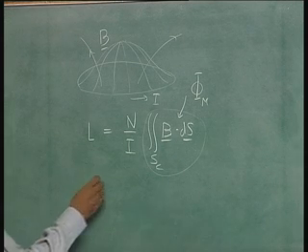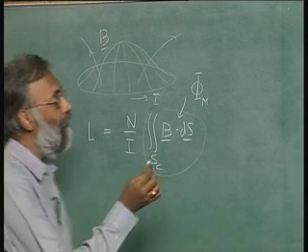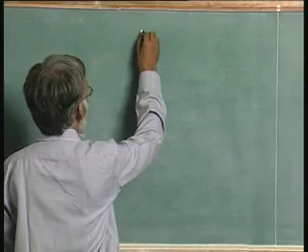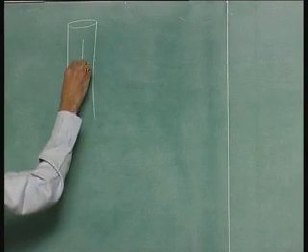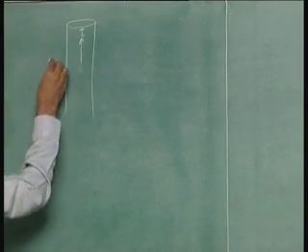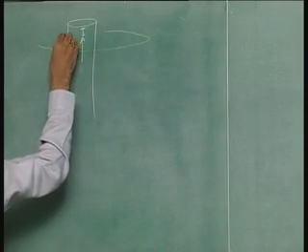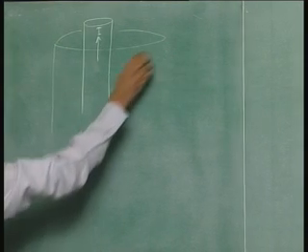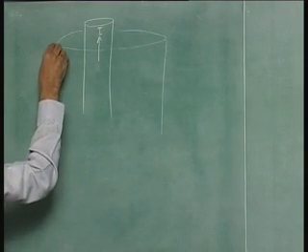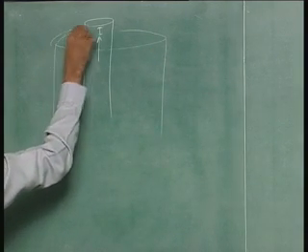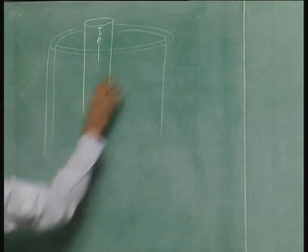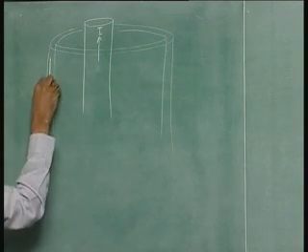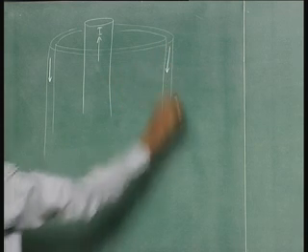I am going to take the case where I had an inner conductor carrying a current I, an outer conductor carrying the return current. So, it has also got a thickness and the current is returning on that outer conductor.